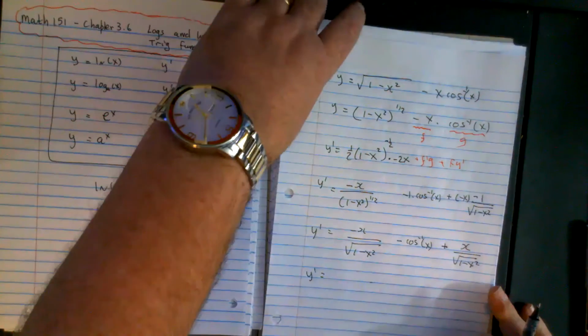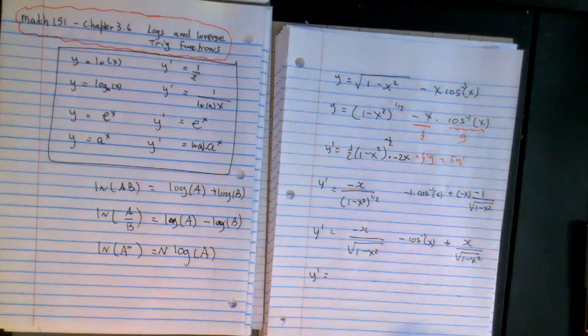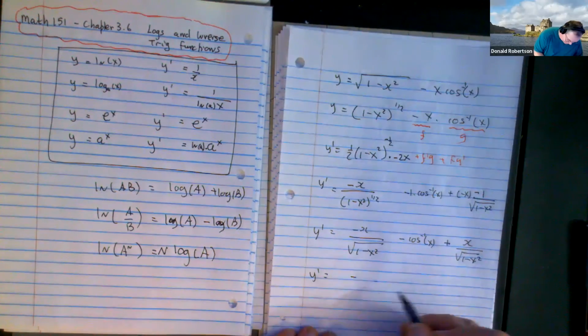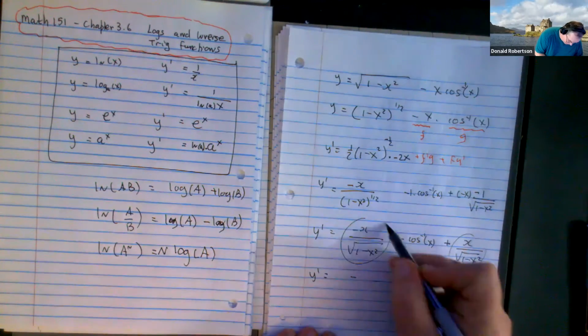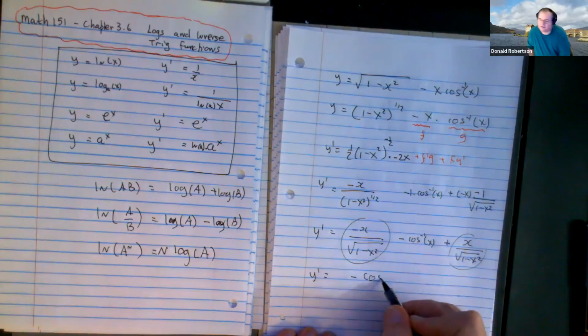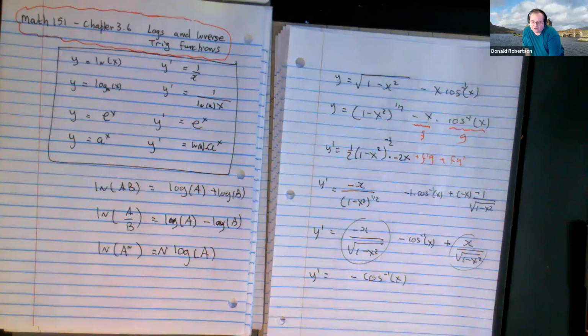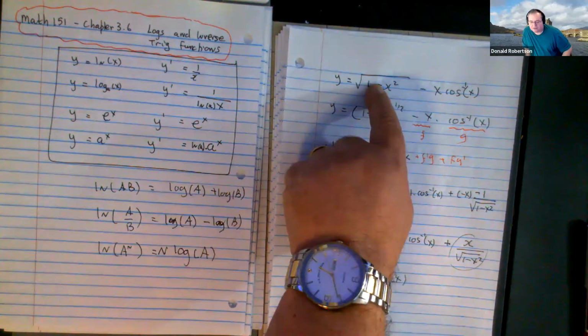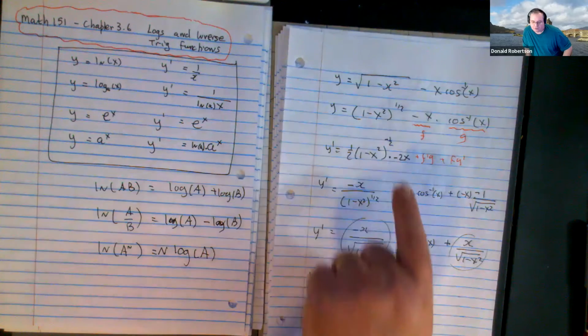What cancels? Fractions have the same denominator. And that's a plus and that's a minus. So essentially, don't they just cancel each other out? And so the answer is negative the inverse cosine of x. So the derivative of that ugly function here actually was quite nice.